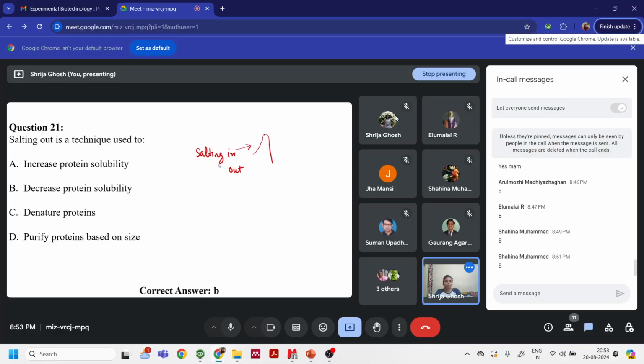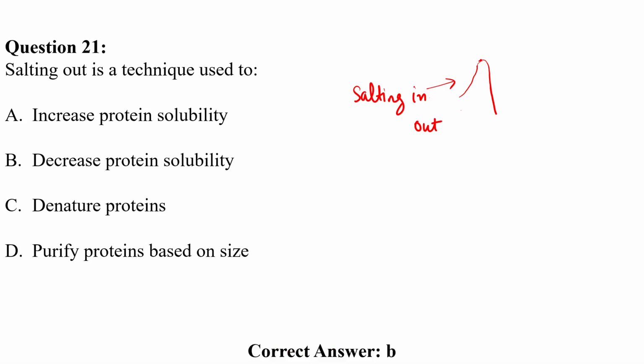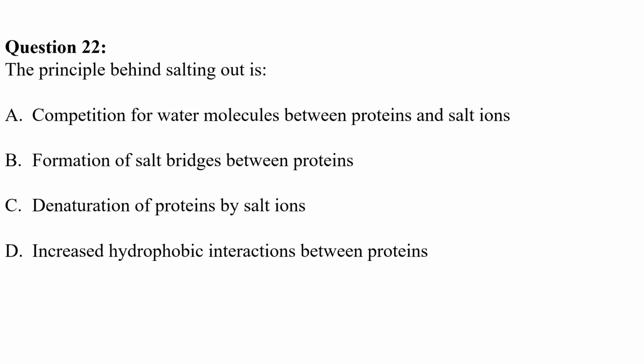Is this clear to everyone? Yes, ma'am. Okay, let's move on to the next question. The principle behind salting out is, so I told you salting out basically decreases the protein solubility, but what is the principle? Option A, competition for water molecules between proteins and salt ions.